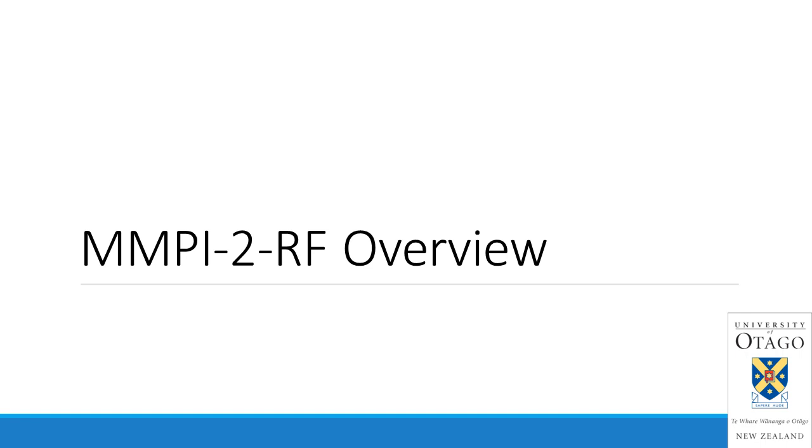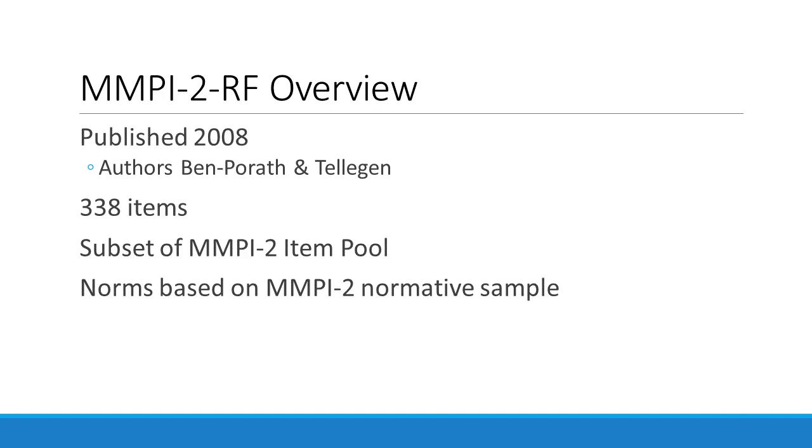So starting out with the MMPI-2-RF, I'm sure you are already aware it was published in 2008 by Yossi Ben-Porath and Auke Tellegen, serving as co-authors on the instrument. The test has 338 true-false items, and all of these items come from the original MMPI-2 item pool.